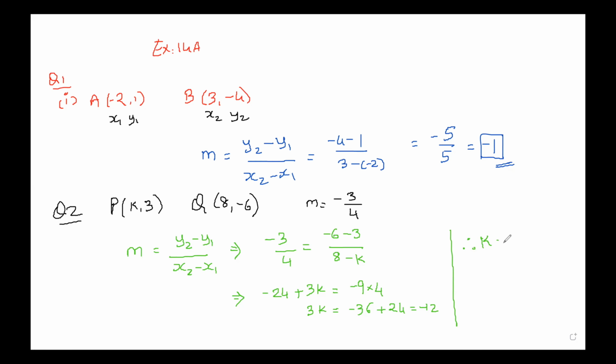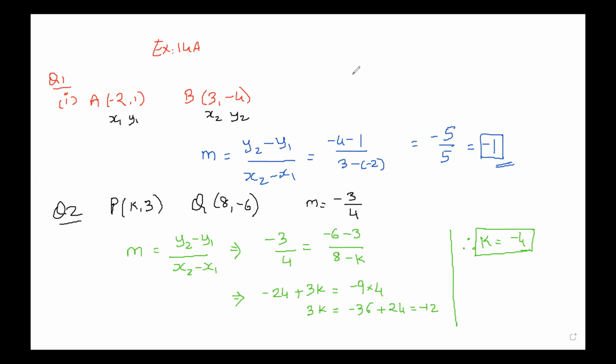Therefore K equals -12 upon 3, that is -4. This is the answer. Understood question 1, question 2 and how to use the formula for slope?